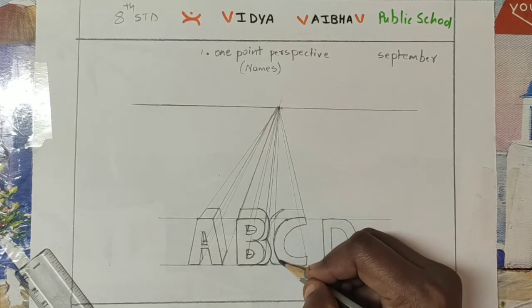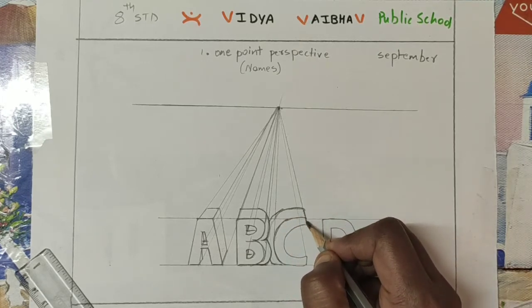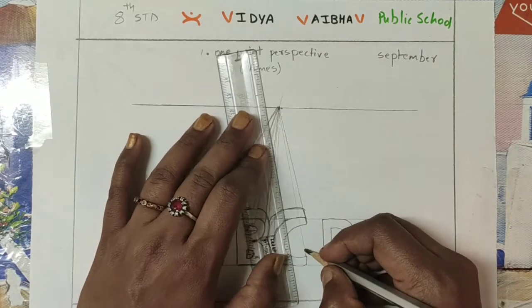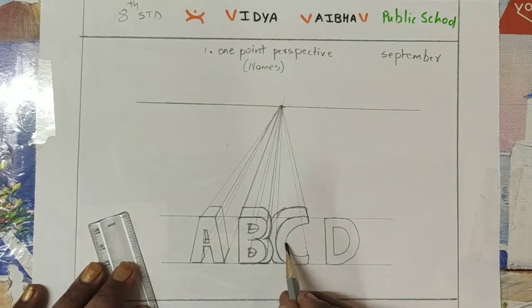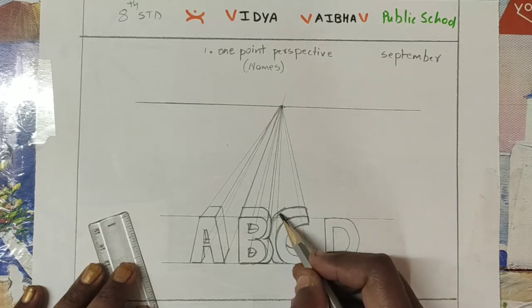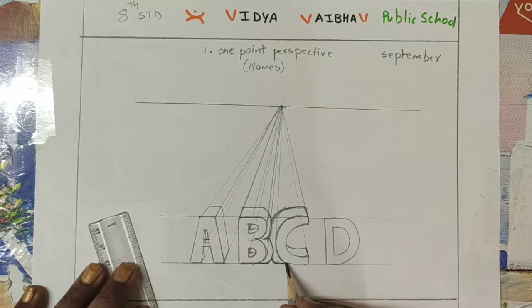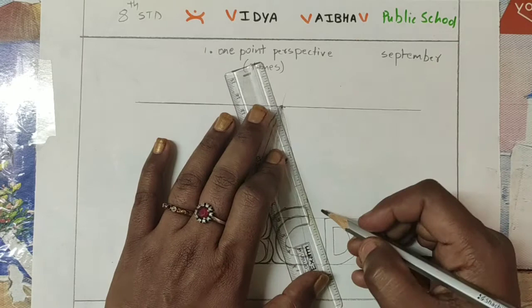So it's overlapping. One slight small curve. So once it is completed, then you can make your stroke a little dark. Okay, we'll go for the letter D.